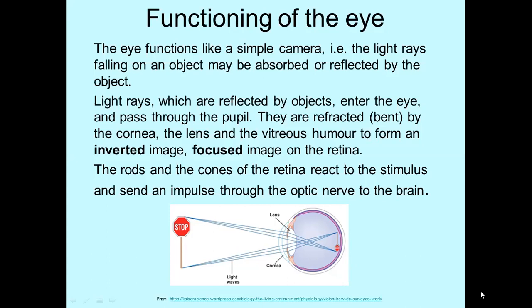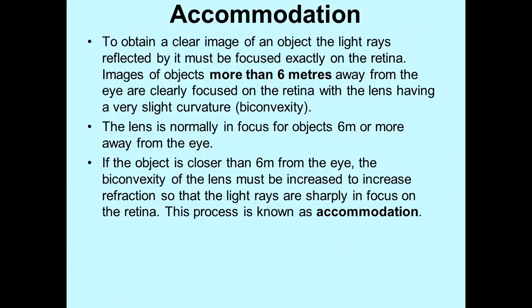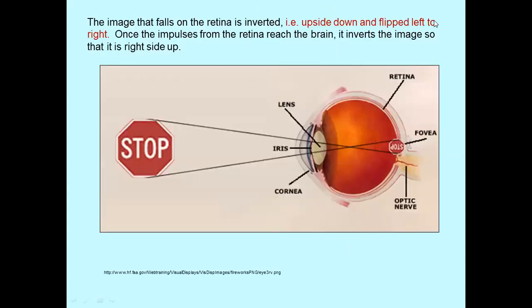And that center in the occipital lobe will automatically flip the image so it no longer appears to be inverted, and flip it from left to right so that it no longer appears to be mirror image or back to front. Okay. All right. And that's vision, and that is important.